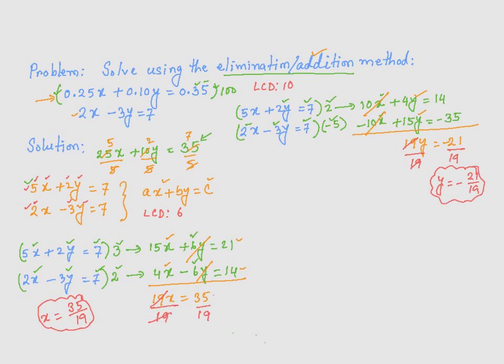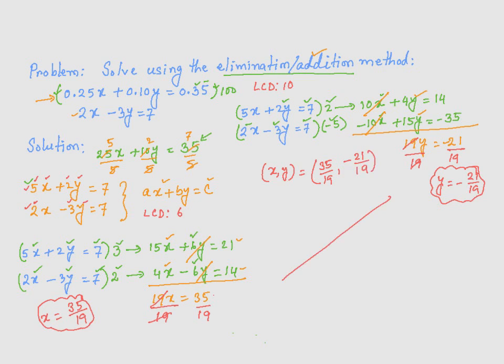So my point of intersection for these straight lines, or overlapping point between these two straight lines, is going to be x comma y is equal to 35 over 19 comma negative 21 over 19. Now what does it mean physically?